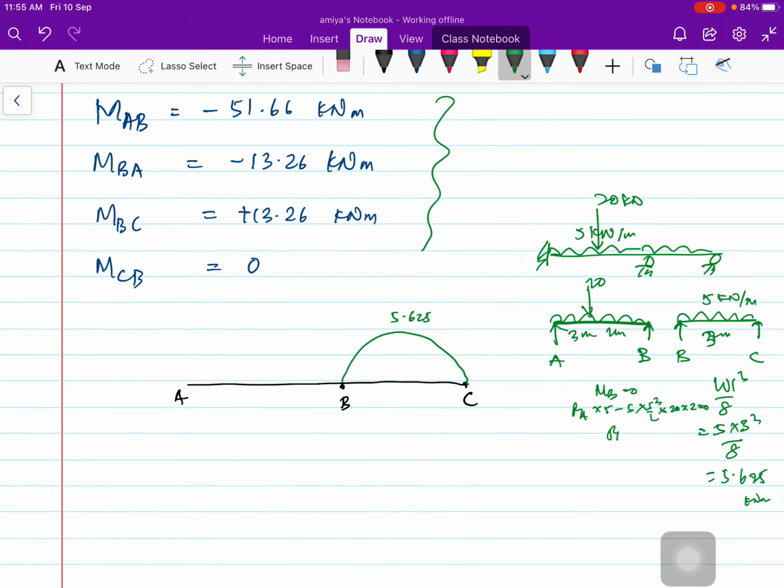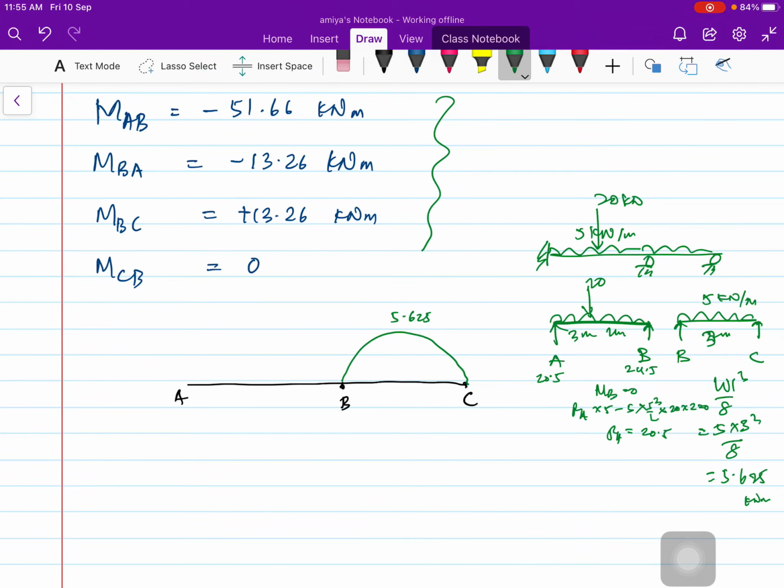So you get RAV is equal to 20.5. Total load minus 20.5, where total load is 20 plus 5 into 5, so you get 24.5. I'm just solving the simply supported beam here.